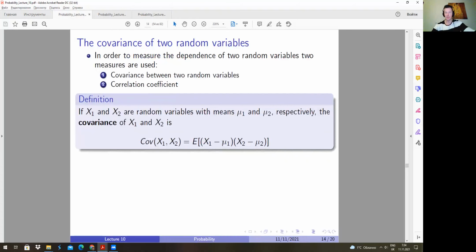Here I denote it this way because writing the expectation of x1 would be a heavy notation, so it's simpler to write the means or expected values as mu1 and mu2. Then we define the covariance in this way: the expectation of the product x1 minus mu1 times x2 minus mu2.